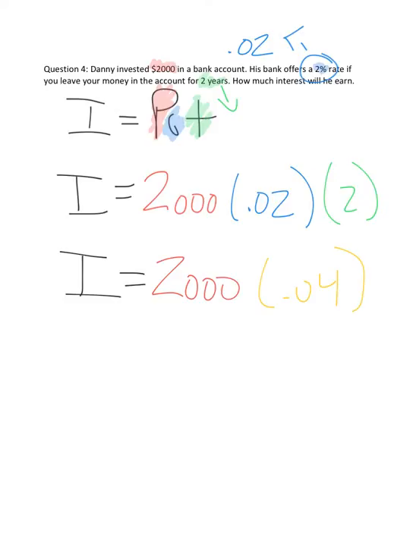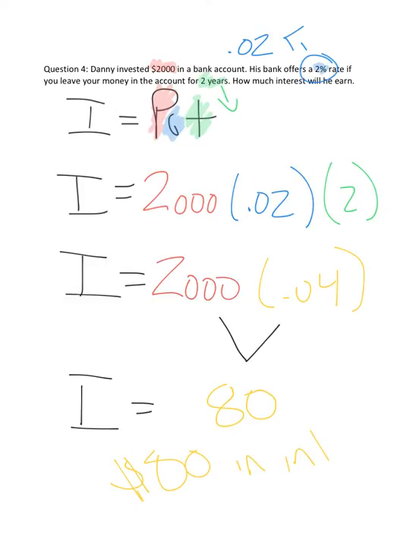Last but not least, we're going to multiply 2,000 times 0.04. And once again, this is a calculator problem. I equals 2,000 times 0.04 is 80. Now, I represents the interest. So what we're saying is we would earn $80 in interest over those 2 years.